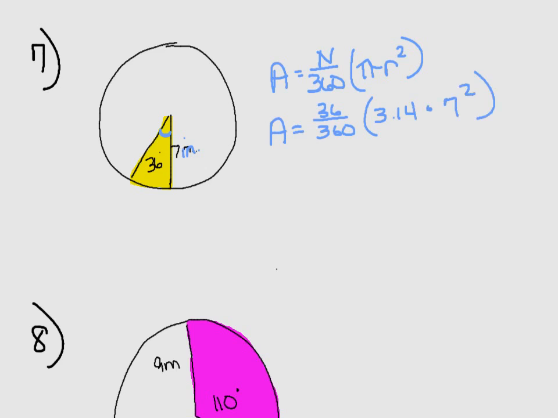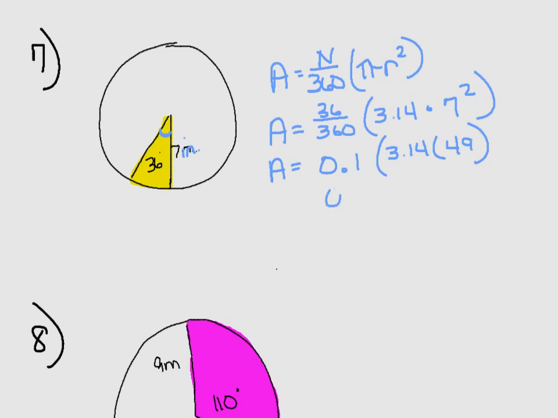Okay, so let's go ahead and divide 36 by 360, and hopefully you can see that that's 0.1 times, now let's do what's in the parentheses. Before we multiply, we must find 7 squared, which is 49. So it's 3.14 times 49. Let's go ahead and multiply that.